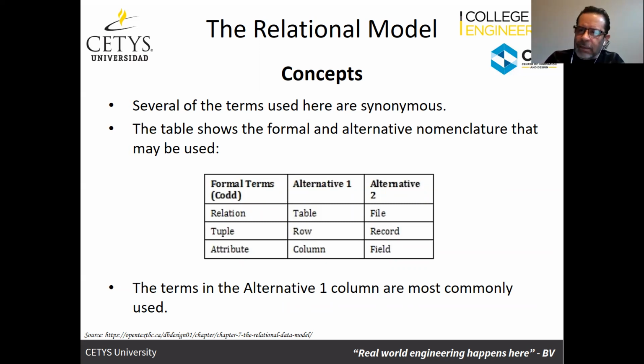It's also called a file. A tuple is also called a row or a record, and an attribute is also called a column or a field. The most formal way, according to the COD relational model, is the first column, talking about relations, tuples, and attributes. The most commonly used in database terminology is the second column, where we talk about tables, rows, and columns.